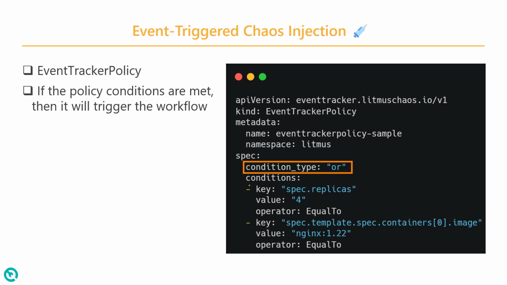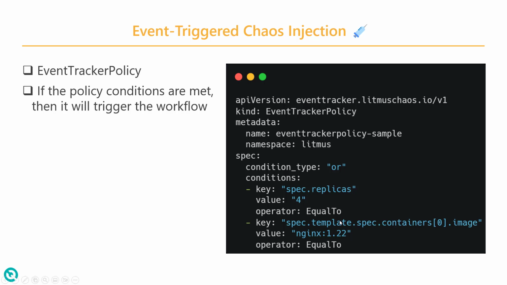One is spec replicas equals 4. Another condition is that the container image value should be equal to Nginx 1.22. Whenever either condition 1 or 2 is met, it will automatically trigger your chaos workflow, and then we can monitor in Chaos Center.